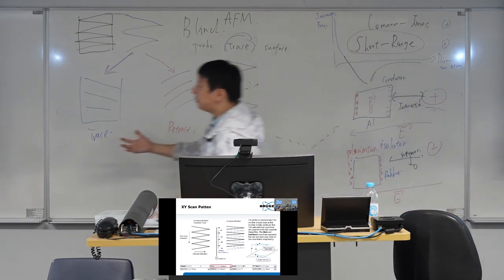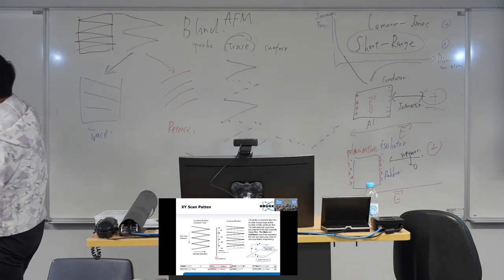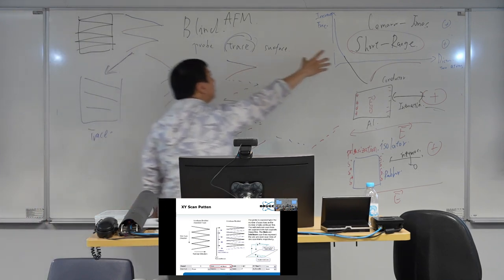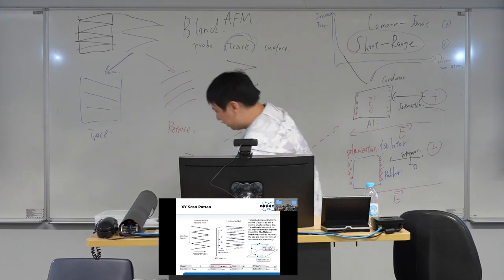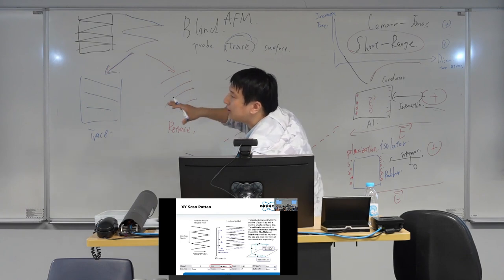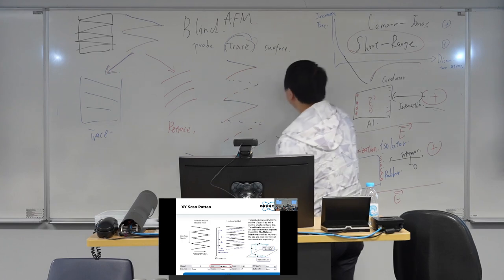Okay, so as we said, there will be a lift motion. The probe should lift from the surface to get the long-range interaction force. In our setup, we make this lift motion at the trace.